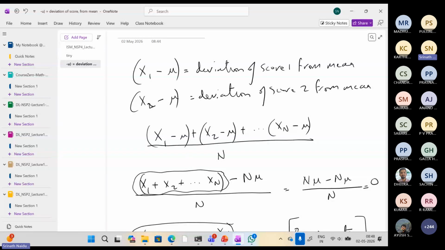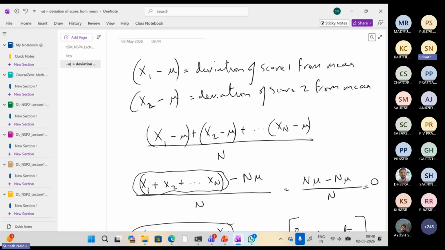See, the idea is that we want to capture some notion of deviation. So I said, let me capture the notion of average deviation. What does deviation mean? Deviation means where your score stands relative to the mean.